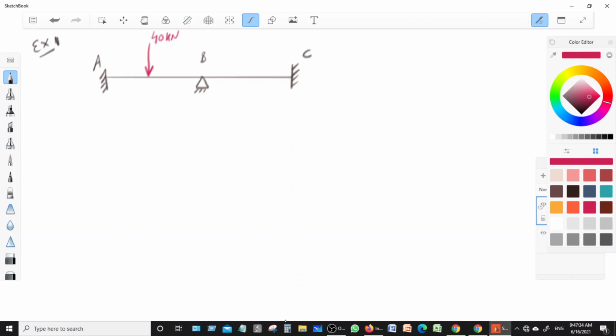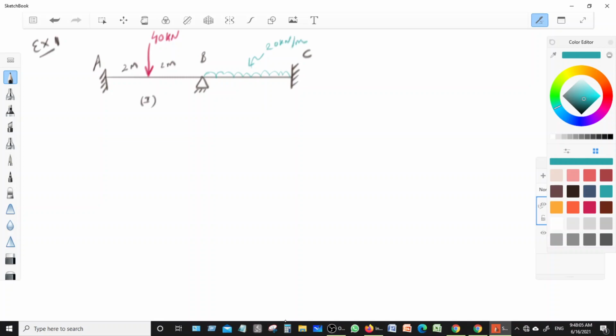So, the distance from A is 2 meter, from B it is 2 meter, and the moment of inertia for AB is simply I. At the same time, we have the BC span, and the BC span is subjected to UDL loading, and the UDL load is 20 kilonewton per meter, right?